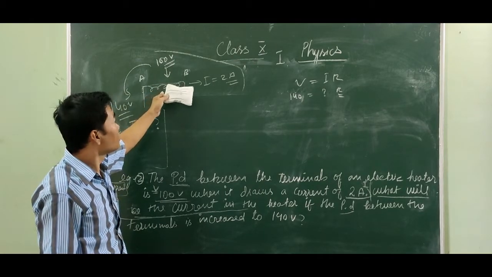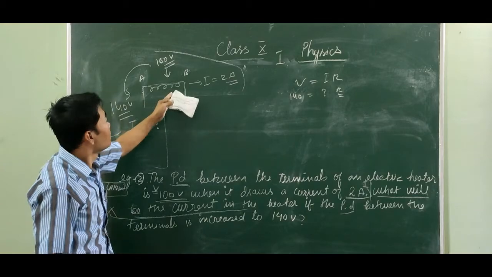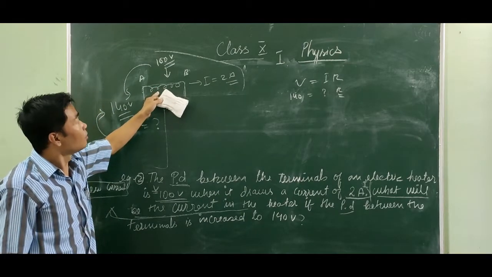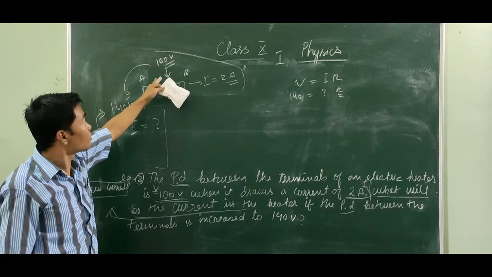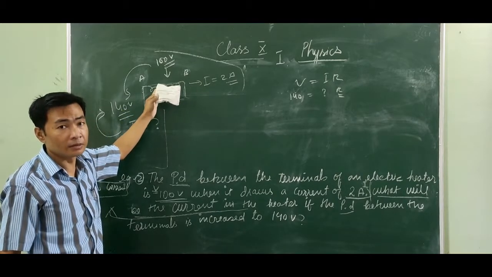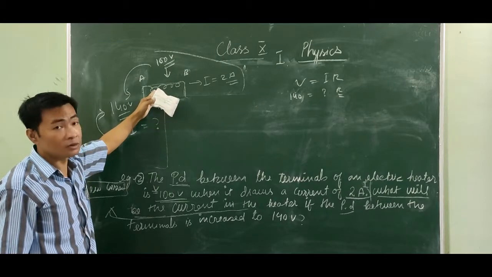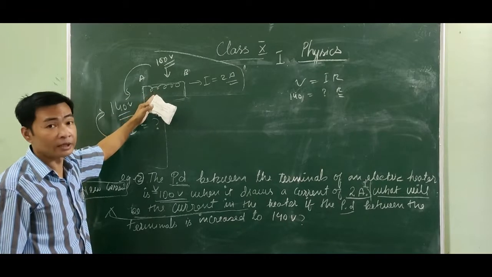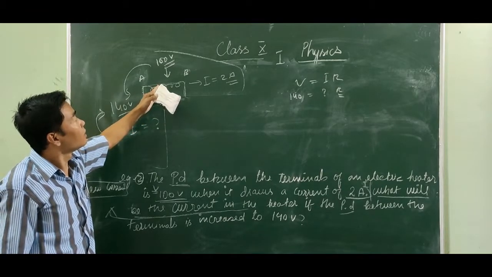I did not change the resistance or replace the heater. It is the same heater which was taking a potential difference of 100 volt and drawing a current of 2 ampere. Same heater means the resistance will be the same. So I have to take out the resistance from this heater.